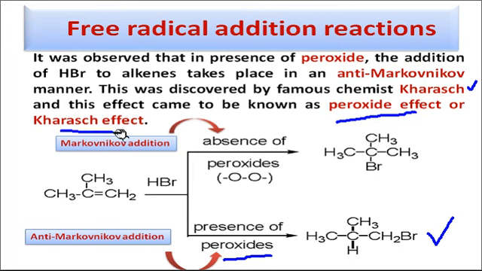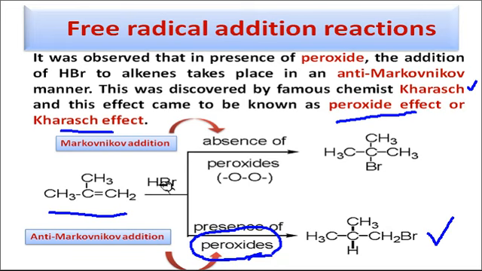So basically, what is the Kharasch or peroxide effect? It is that when HBr adds to an unsymmetrical alkene in the presence of peroxide, the addition always takes place in the anti-Markovnikov manner.